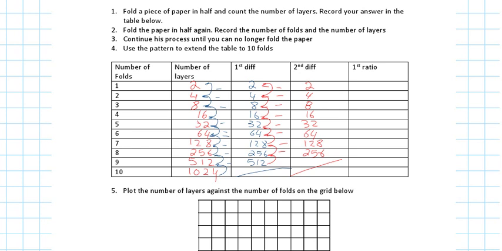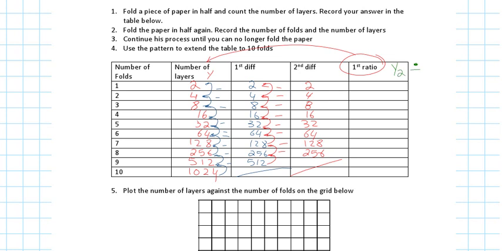When you're doing your first ratio, you take the y values to your original y values. So the ratio is y2 divided by y1.